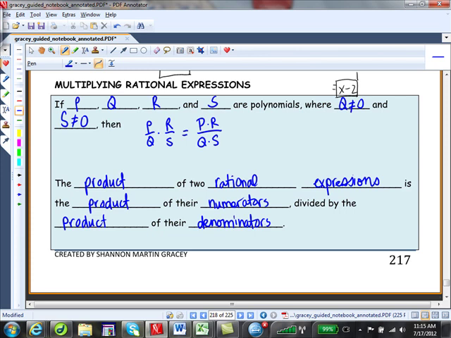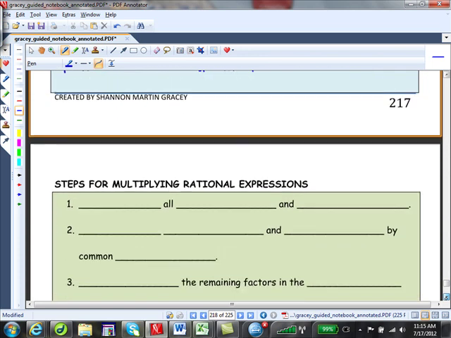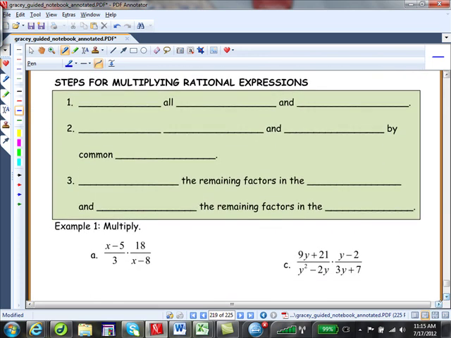So here's some steps for you. Very first one starts with an F. It's not a bad word. You got it. Factor all numerators and denominators. Okay. And remember, these steps are when you're multiplying. Right?